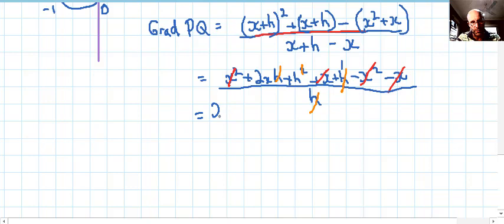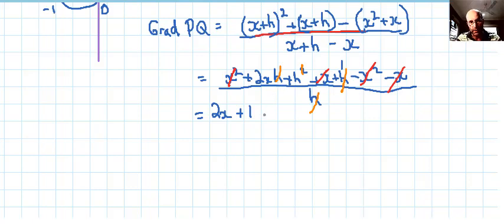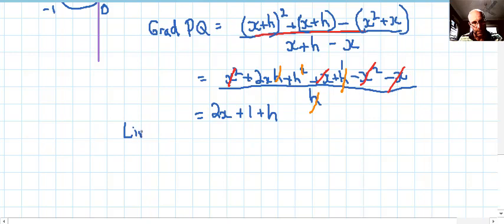Alright, and we have 2x plus 1 plus h is all that's left up there. Now apply the limit. As h approaches 0 is 2x plus 1.